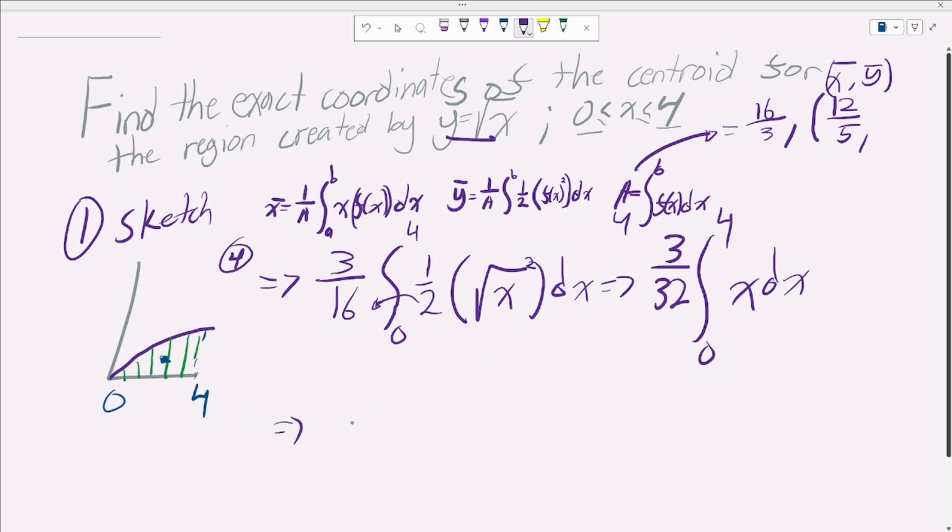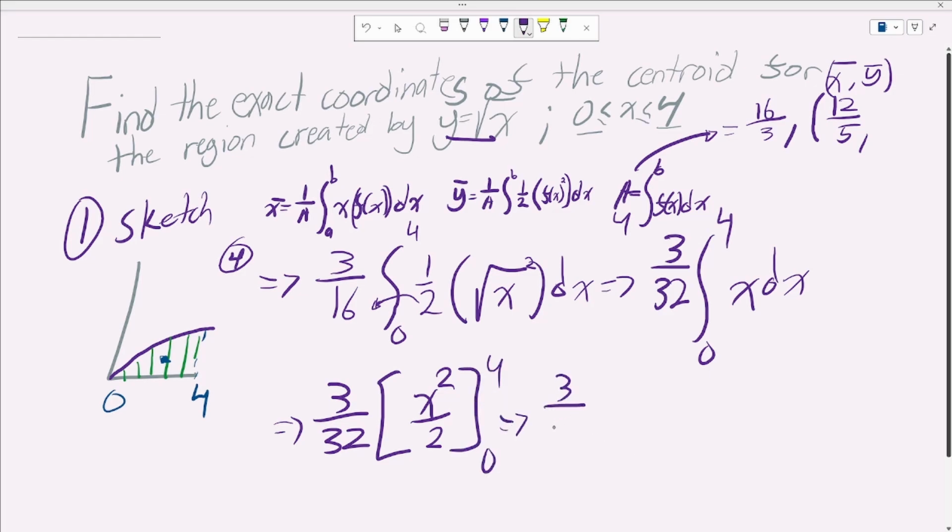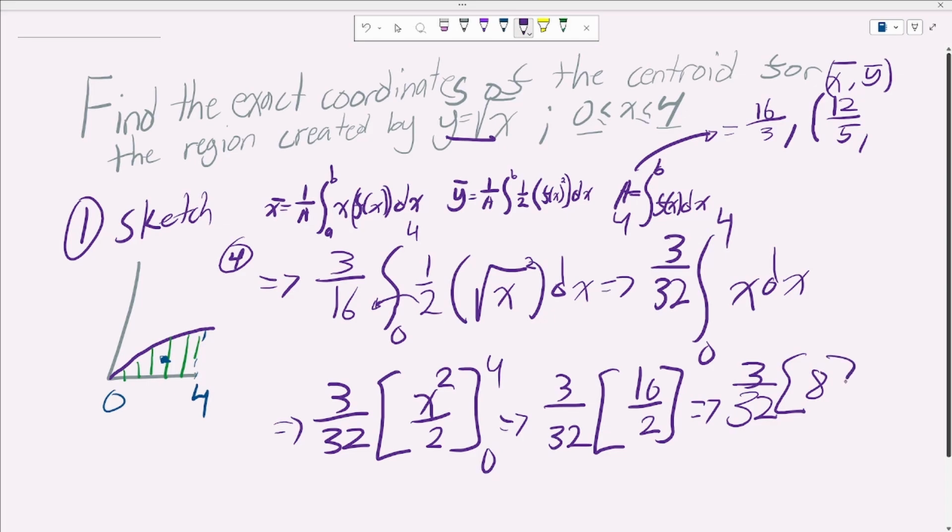Then in the same way with our power rule, we'll have 3 over 32 of x squared over 2, going from 0 to 4. Then by simplifying this, we'll have 16/2, and that just reduces to 3 over 32 times 8, and that will be 3/4.